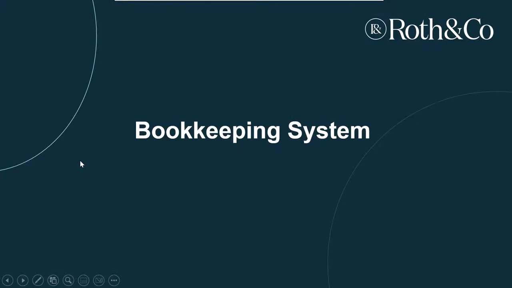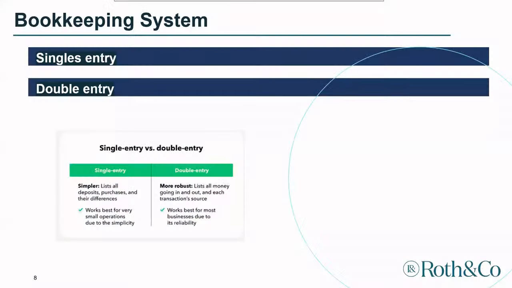The bookkeeping system is single entry or double entry. For the single entry, that's the simplest way to record your daily and monthly summary of business income and monthly expenses.